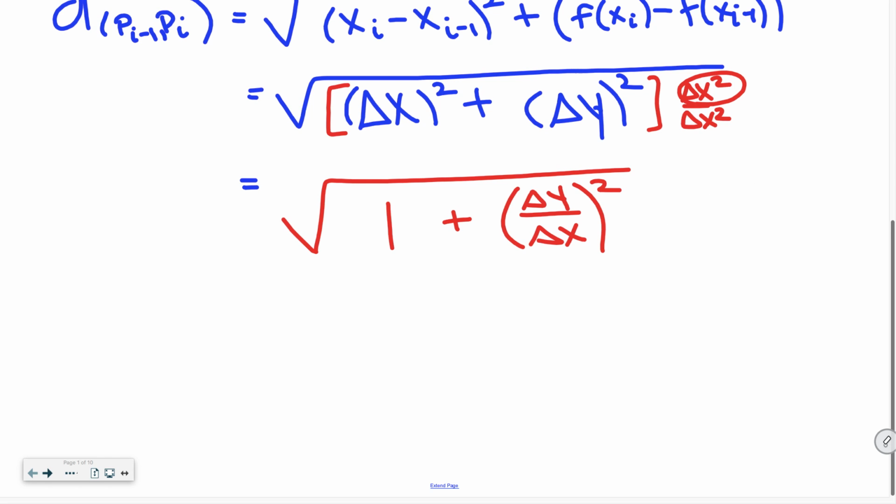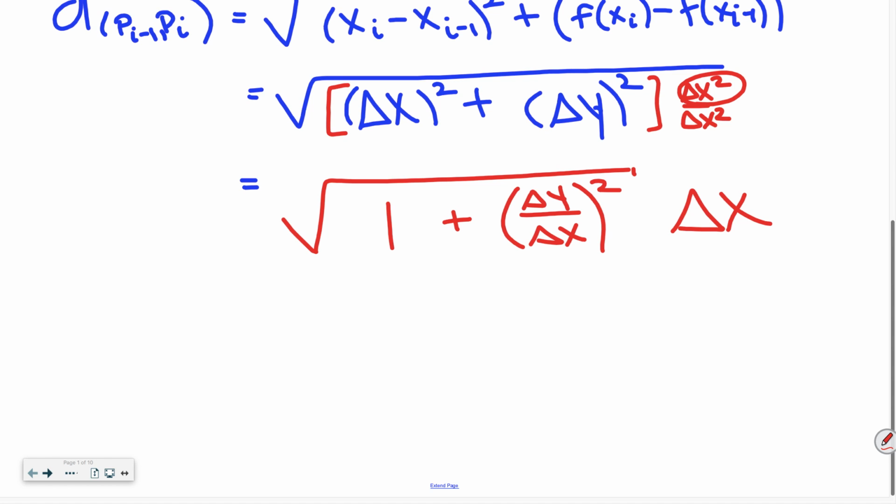And then that delta x squared, which is underneath the radical, we could take out to be delta x. It was delta x squared under the radical, so taking it out, it becomes delta x.